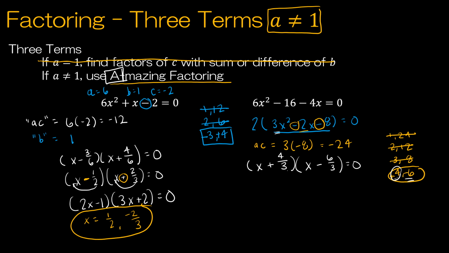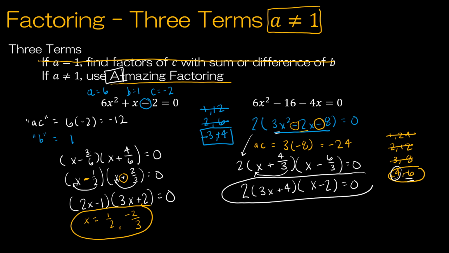I'm going to rewrite this one so that it's not a fraction, so that's 3x plus 4. Keep in mind that I do have a 2 out front that I forgot to copy over. And then x minus 6 divided by 3 is just x minus 2. And that's my final factorization.